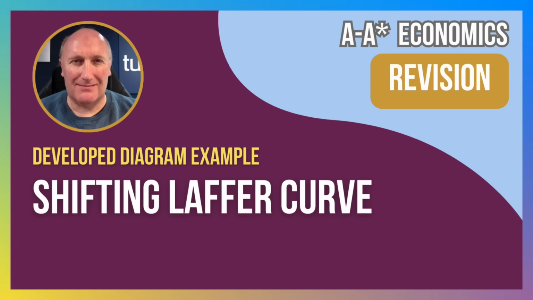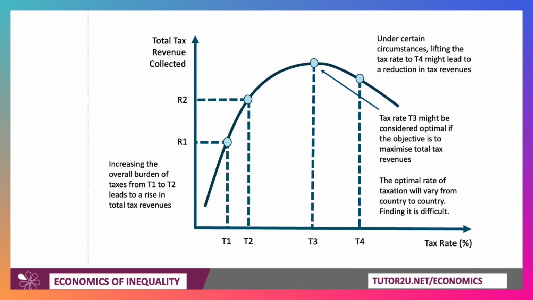My fourth example is the Laffer curve. Now, lots of students like to use the Laffer curve in their analysis. It's the idea that there's a non-linear relationship between the tax rate on the x-axis here and the total tax revenue coming into the government. Initially, increasing the overall burden of tax from T1 to T2 leads to an increase in total tax revenues.